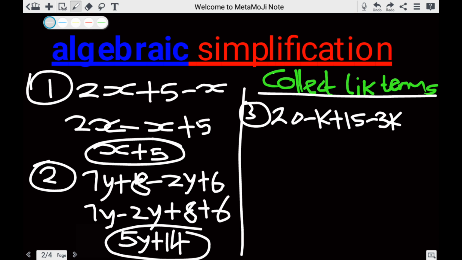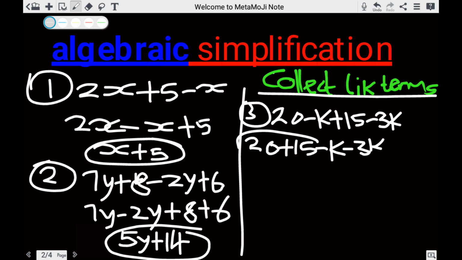To do it, you want to bring in the like terms, to collect those terms that can be added together, like this minus k and this minus 3k are like terms, and the 20 and 15 are also like terms. So simplify it as 20 plus 15, bring 15 close to 20, plus 15 minus k, then minus 3k.